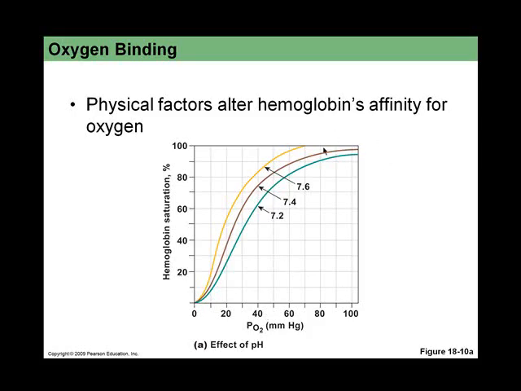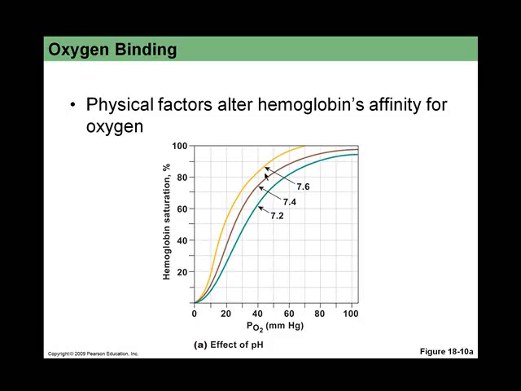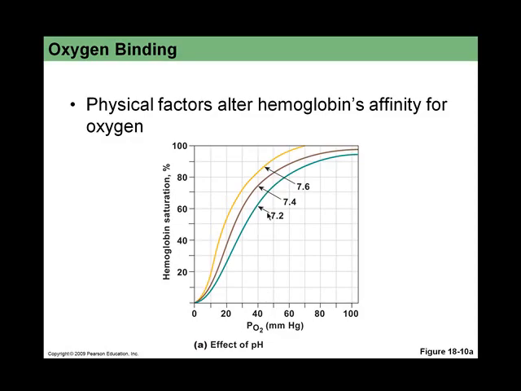So when you get closer to the alveoli, then this is going to affect the rate of 100% saturation or the level of complete saturation versus when you're thinking of being closer to the tissues where you're going to be more acidic, you're going to give up the oxygen.